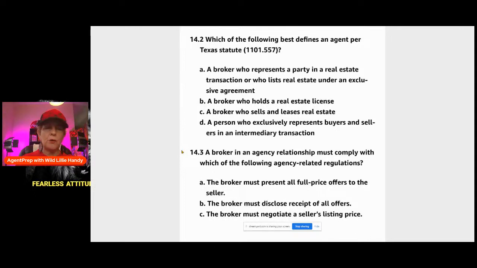A, a broker who represents a party in a real estate transaction or who lists real estate under an exclusive agreement. B, a broker who holds a real estate license. C, a broker who sells and leases real estate. D, a person who exclusively represents buyers and sellers in an intermediary relationship transaction. So which of the following best describes an agent per Texas statute 1101.557?